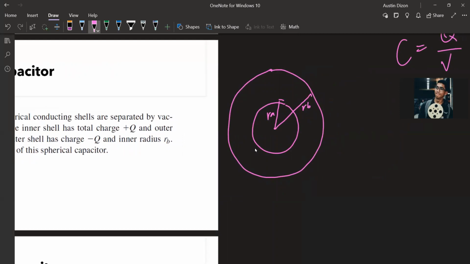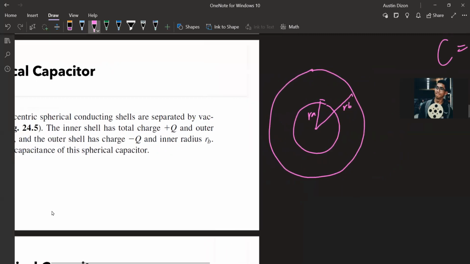So, tama si Ray na yung inner shell lang yung may contribution. Kasi, pag nag-Gaussian law tayo dito sa gitna, gumawa tayo ng spherical surface dyan.